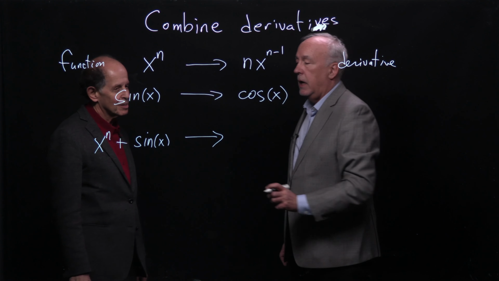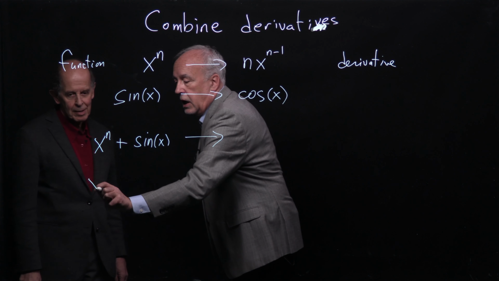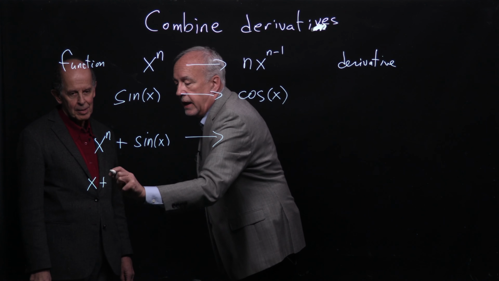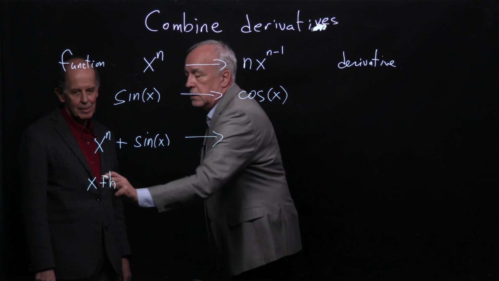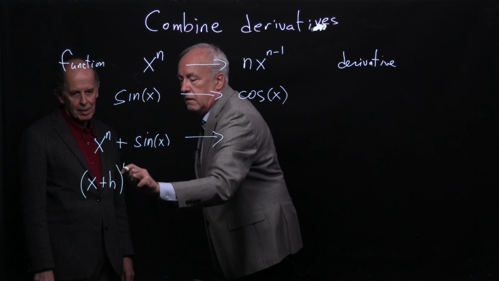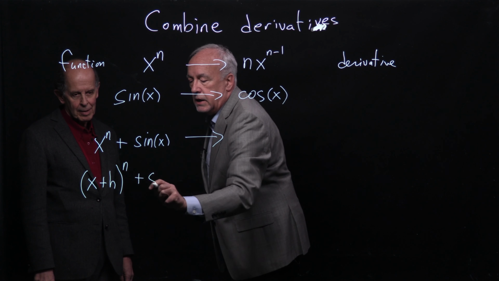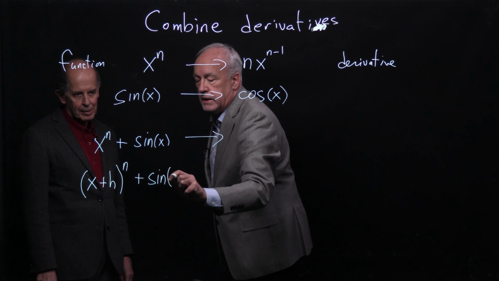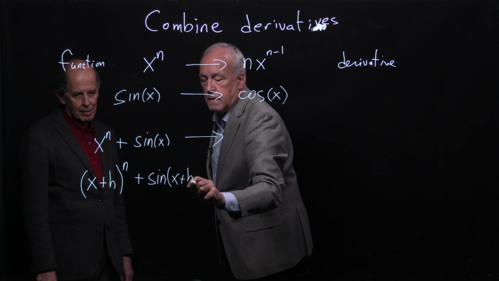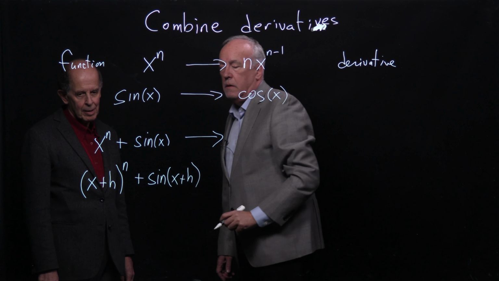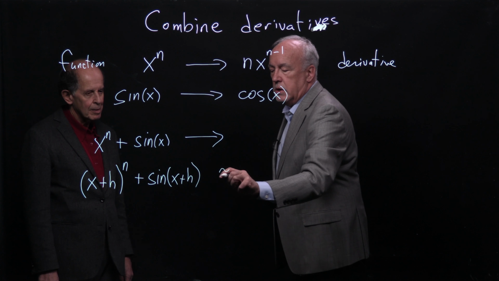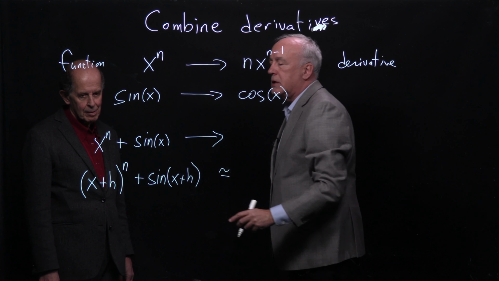That's exactly right. And in fact, let's do what you said. How do we approximate? You take x and add a small amount, I'll call it h, and you put it to the n. And then you take sine x and add a small amount to x. And then you approximate both of them. So the first guy, do you remember how our approximation works?